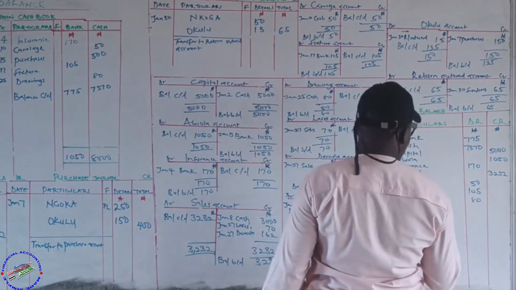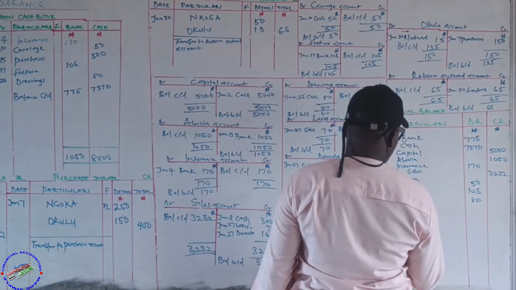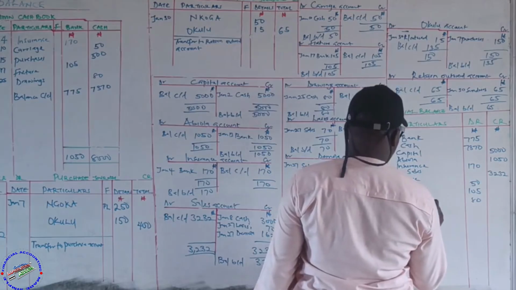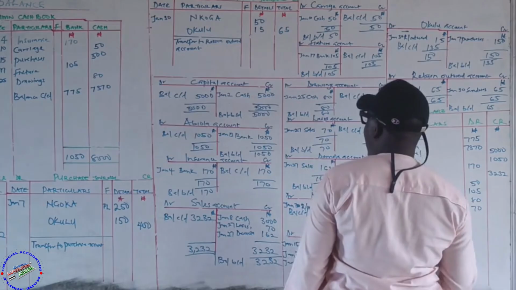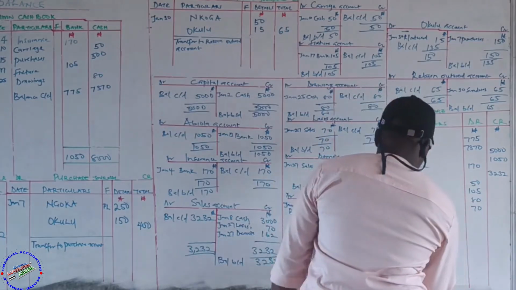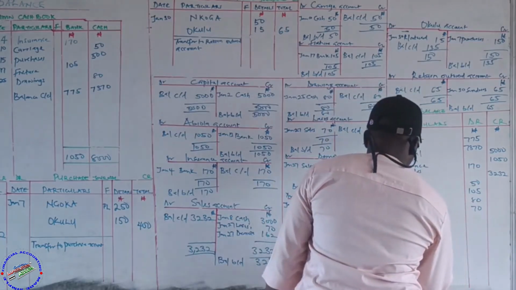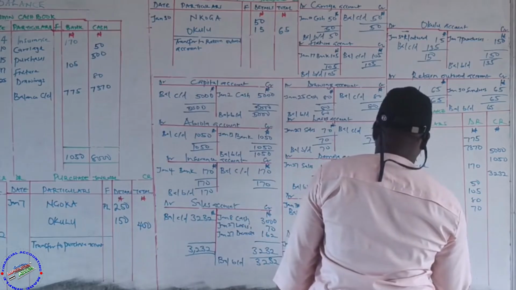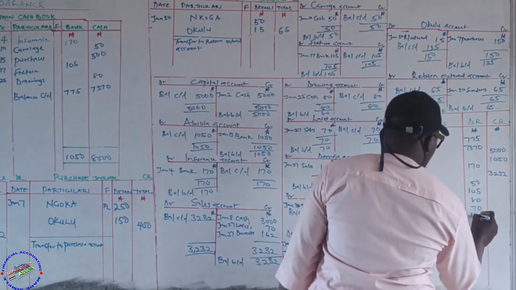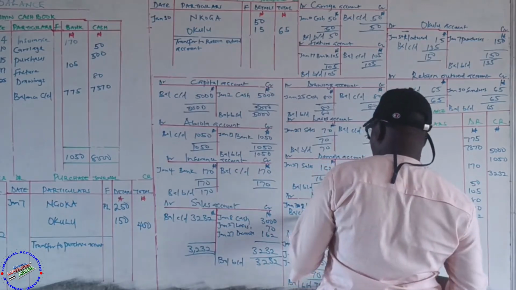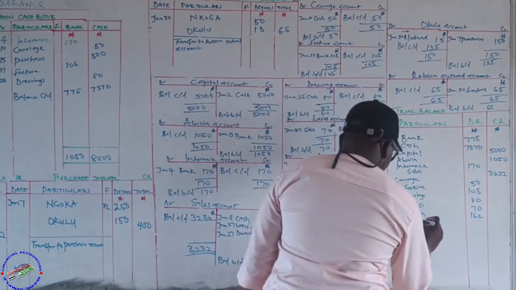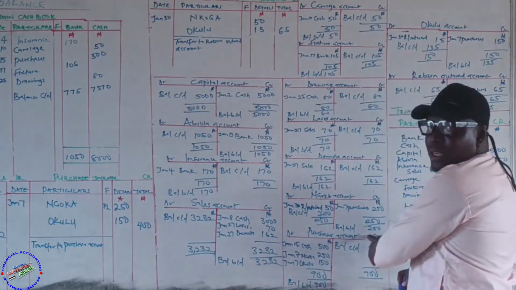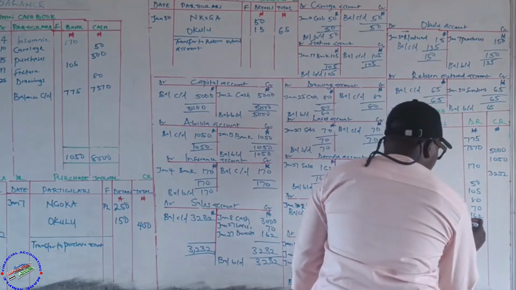I have Lasisi, balance brought down, 17 naira on the debit side. I also have Demola, balance brought down on the debit side, 162. Ngoka, balance brought down on the credit side. This is 200.